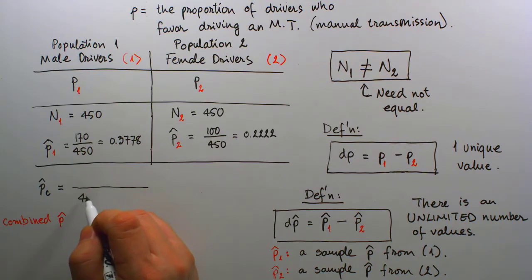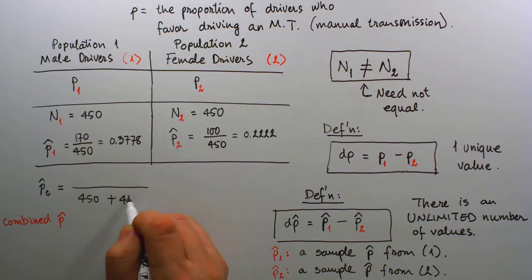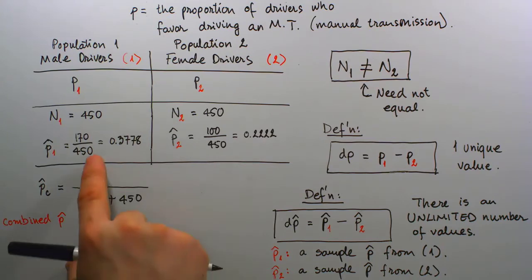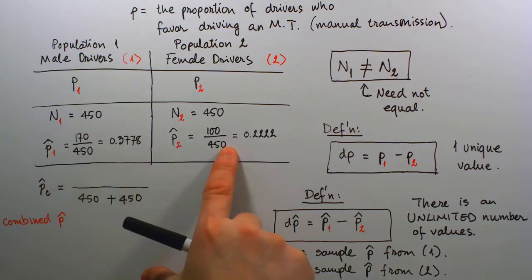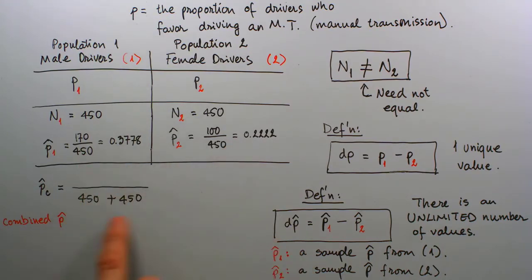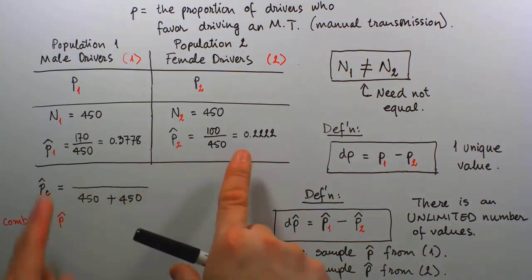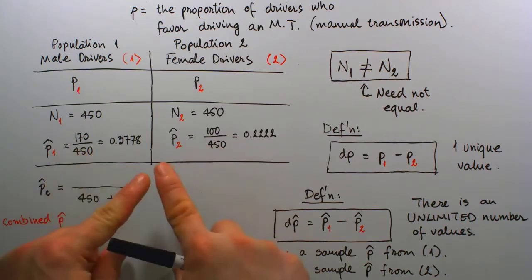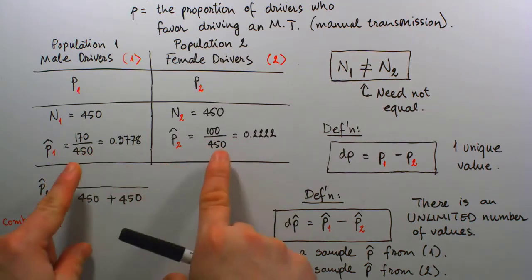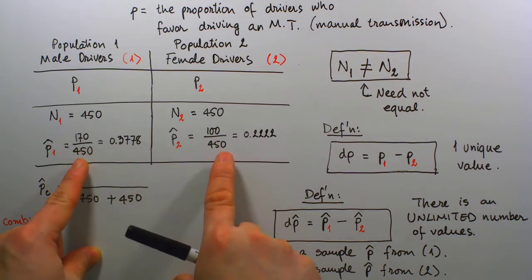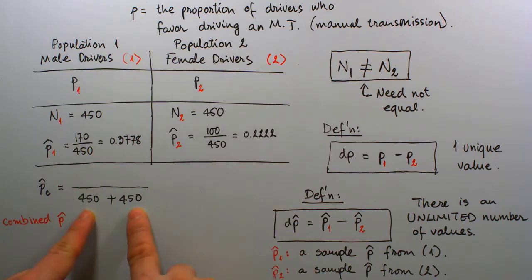The denominator of my p hat c is the total of the two sample sizes: 450 from p hat 1 plus 450 from p hat 2. I put that as my total sample size, and that's why it's called combined. We are combining the two samples together, so their sample sizes total up to an overall larger sample size.